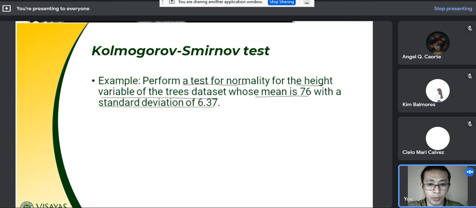Because we are studying only one variable, which is your height variable. So again, in this problem, we are going to go through, class, the different steps. So how will you state, class, our null hypothesis for this problem?